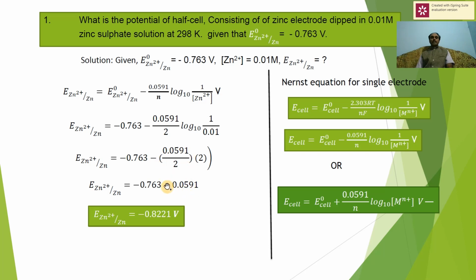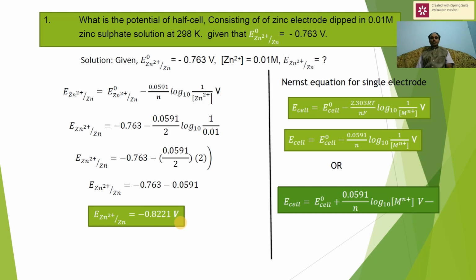Then that is minus 0.0591. Here minus 0.763 remains, and you can add these two, because minus and minus you add, and the final sign is minus itself, so it is minus 0.8221 volt, the potential of the zinc electrode dipped in the zinc sulfate solution.